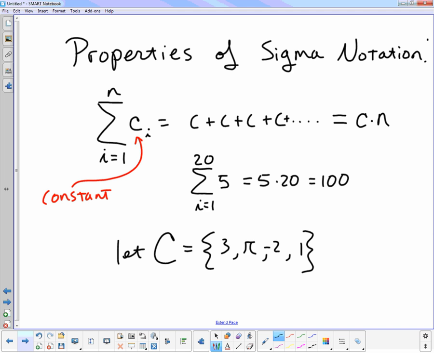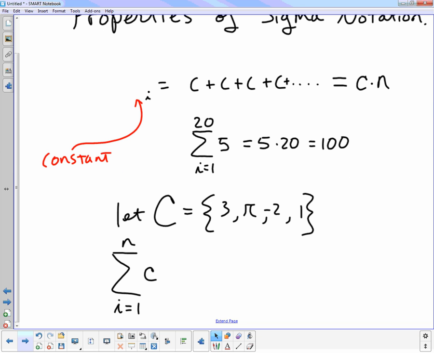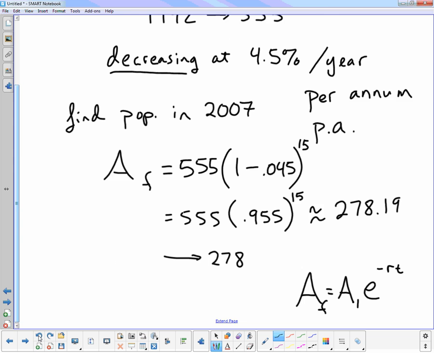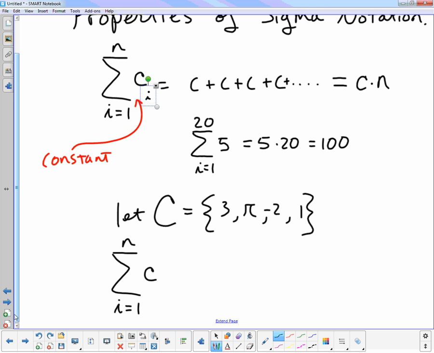Then this is saying the ith element of C, which would be, in this case, 3 plus pi minus 2 plus 1.